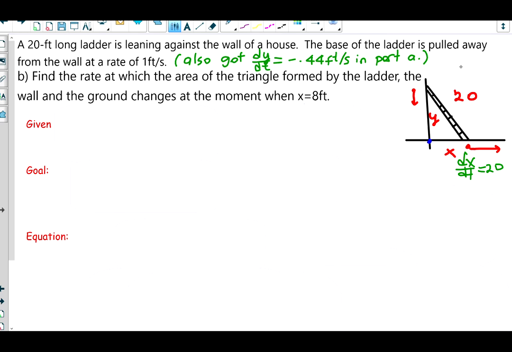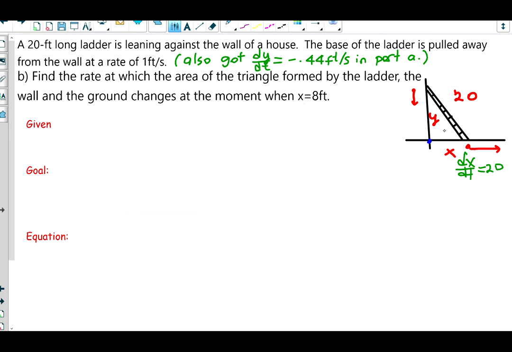And so in this part of the question, remember in the last part we found dy/dt. We used the Pythagorean theorem to do that. Now here they want to know the rate at which the area of the triangle formed by the ladder, the wall, and the ground changes when x is equal to 8 feet. So at what rate is this area changing, the area formed right here?